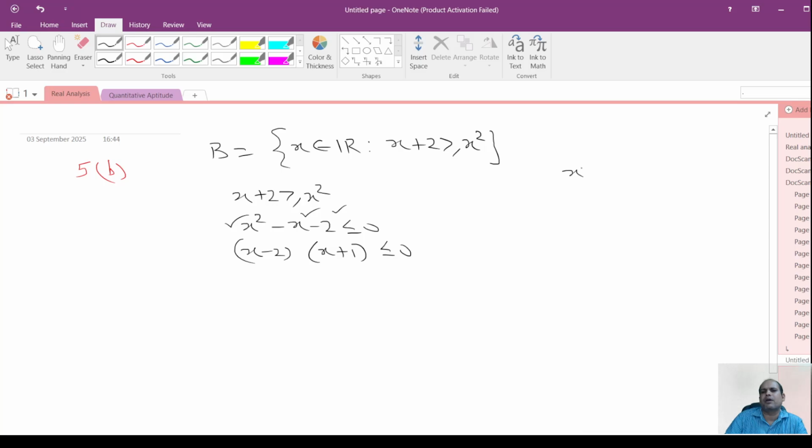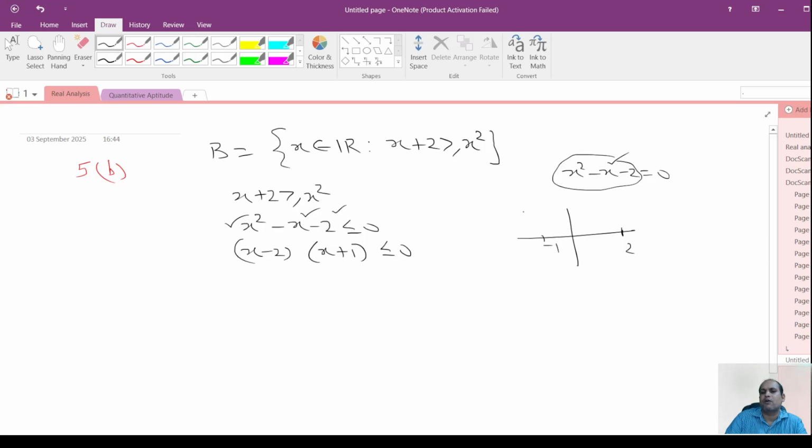We can also see this as a parabola. If we analyze x square minus x minus 2 equal to 0, graphically it represents a parabola with the coefficient of x square positive. So, it will be something like this, cutting the axis at 2 and minus 1.